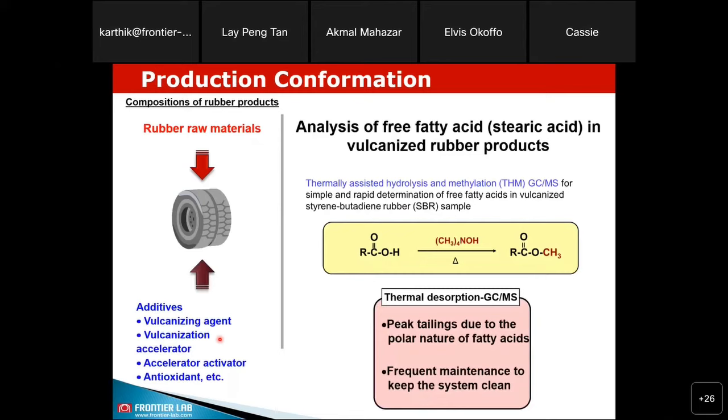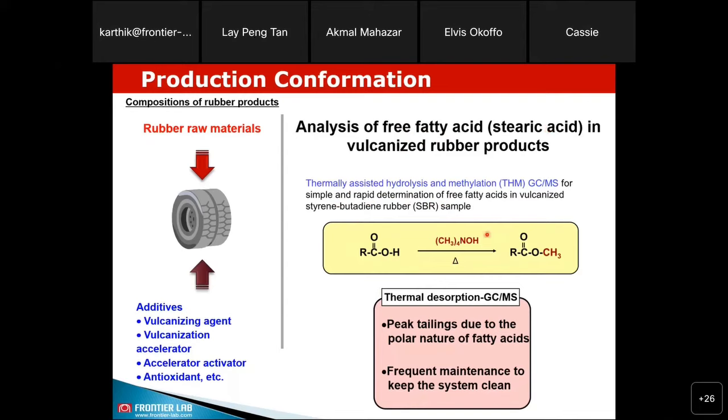Here I am sharing one example, the analysis of free fatty acids in vulcanized rubber products, and particularly for certain types of analysis you can consider thermally assisted hydrolysis and methylation, which can give better selectivity and sensitivity. So, for example, in this particular application we are interested in free fatty acids like stearic acid.